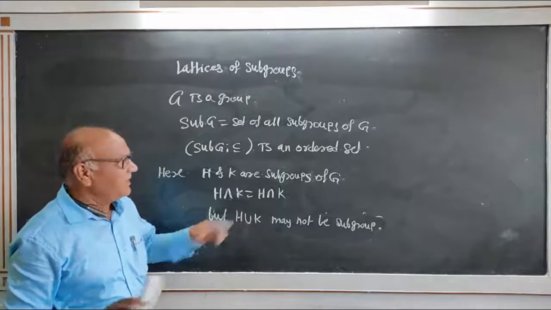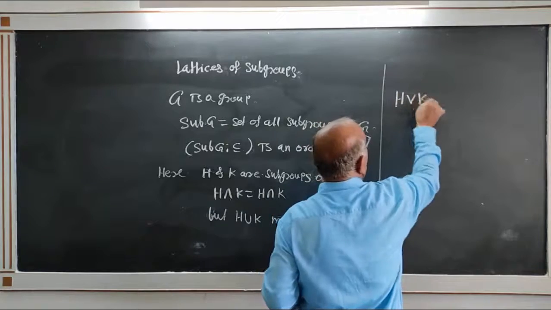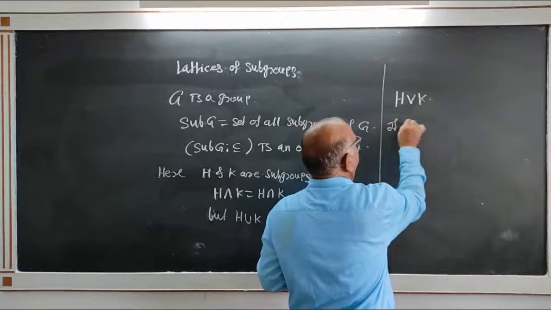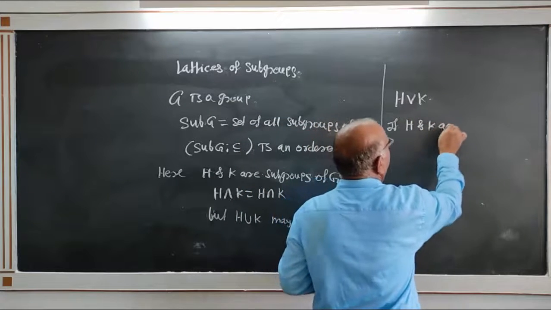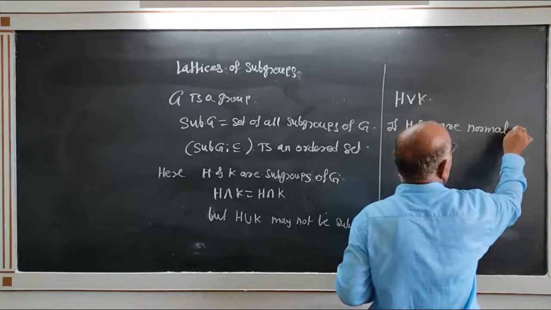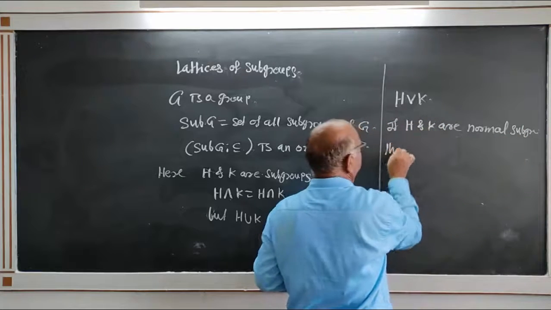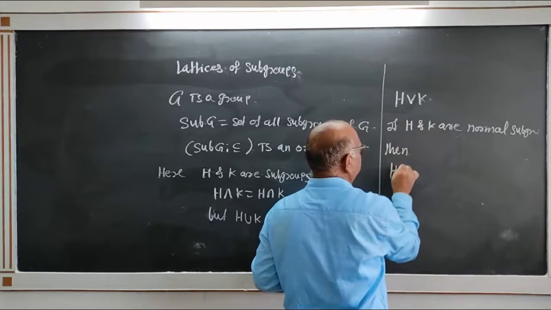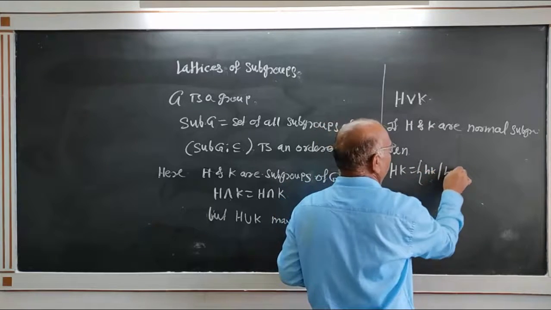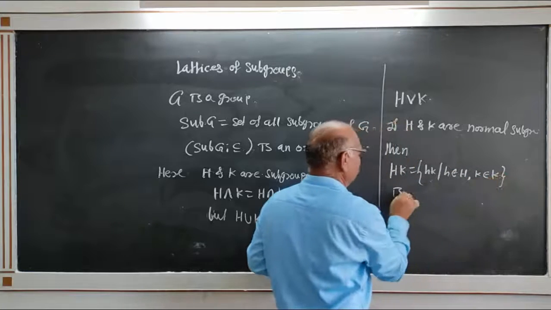Then how do we define H join K? If H and K are normal subgroups, define HK, the set of products hk with h belonging to H and k belonging to K, which is a subgroup.